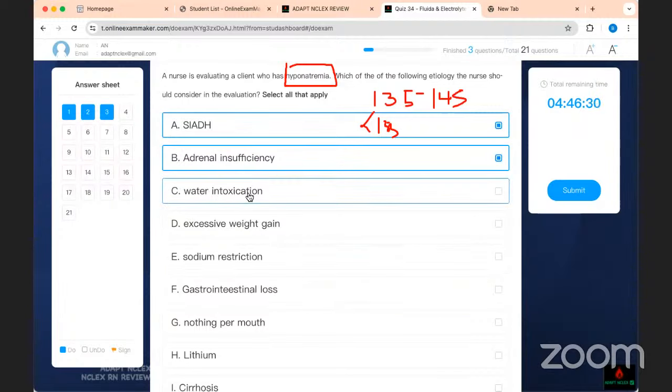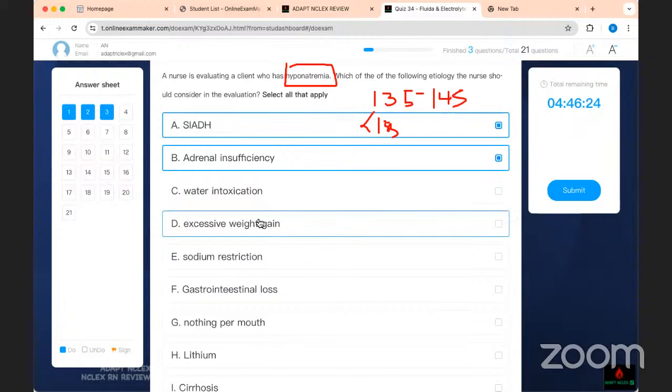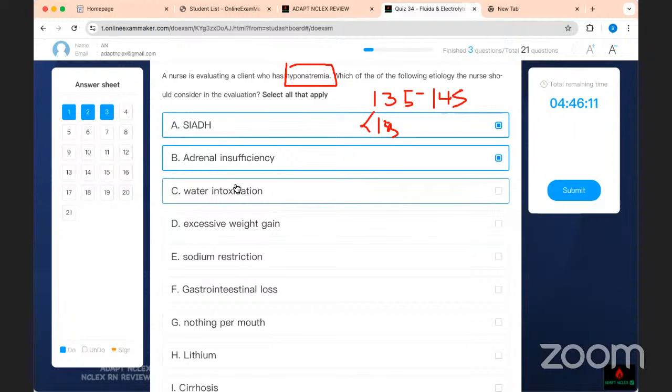If you drink a lot of water, this is one of the things people with mental health problems can get: water intoxication. They become hyponatremic and they have seizures, especially schizophrenia patients. They can drink a lot of water from psychosis, and then they will have hyponatremia and get into trouble.